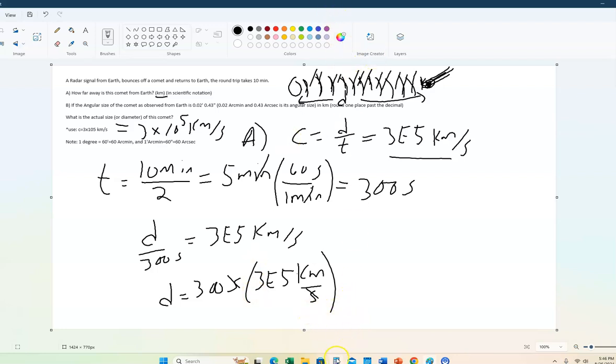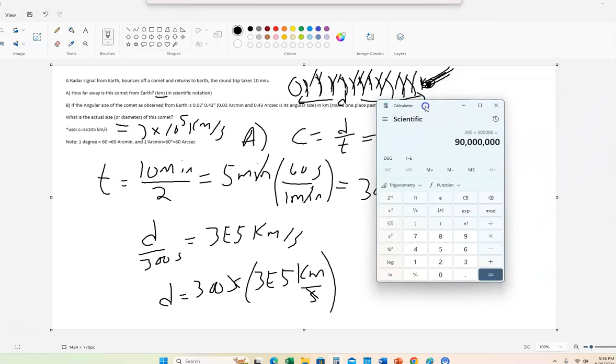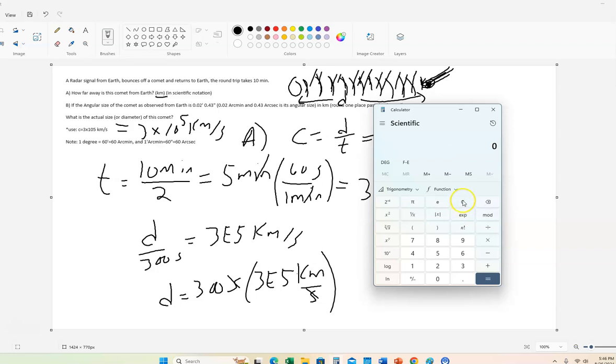Let me get my calculator. I've already done this one, but let me do it again with you. We have to learn how to enter scientific notation. So it's going to be 300 seconds times 3 times 10 to the fifth. Here's the thing: you never hit times, you never hit 10 in your calculator. I want everybody to understand that.